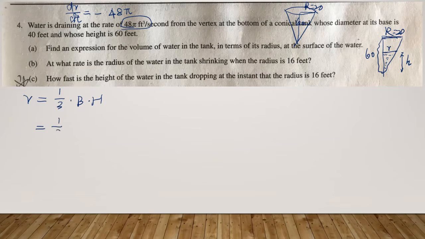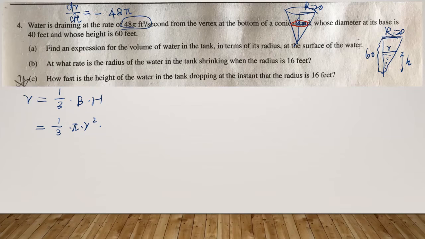The base is a circle, so the area is pi times small r squared times h.